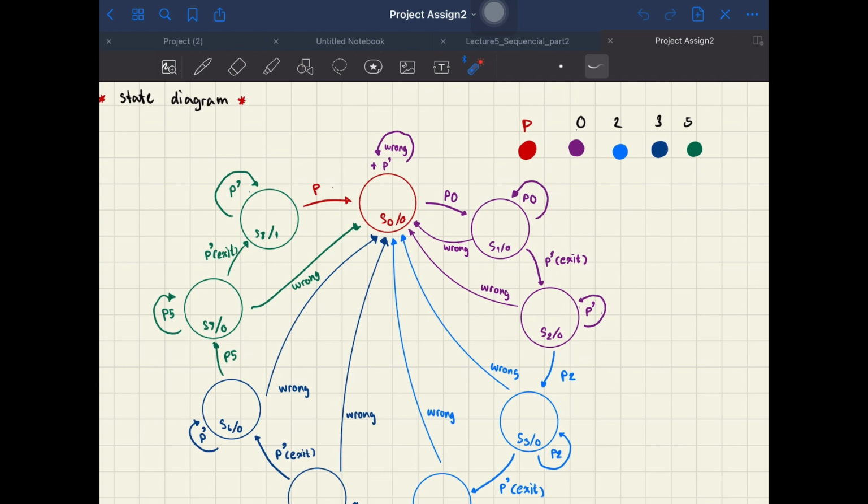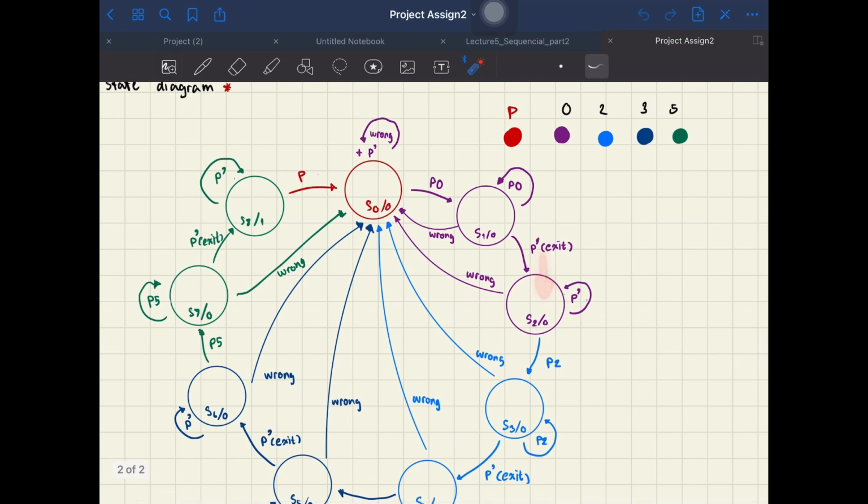So if we press 0 and imagine you don't have this state and go to state 3, it means that you press 0 but you go to the second digit of the password, so it's wrong. That's why we need to have this state. So this state is very important.